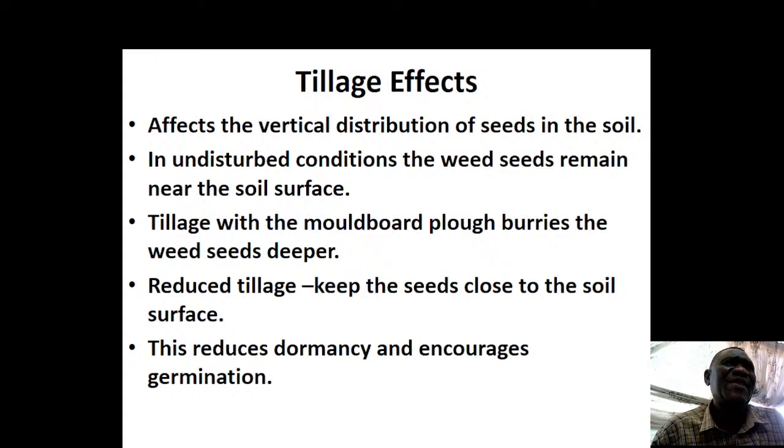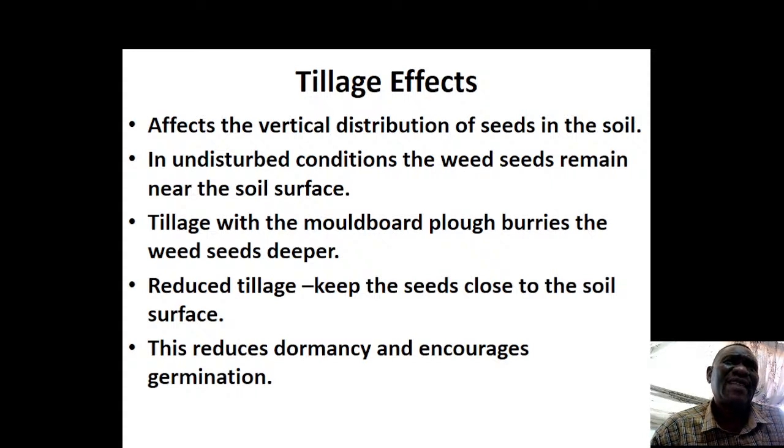The example is conservation agriculture or reduced tillage. And tillage with the moldboard plow buries the weed seeds deeper, probably to depths where they become dormant.